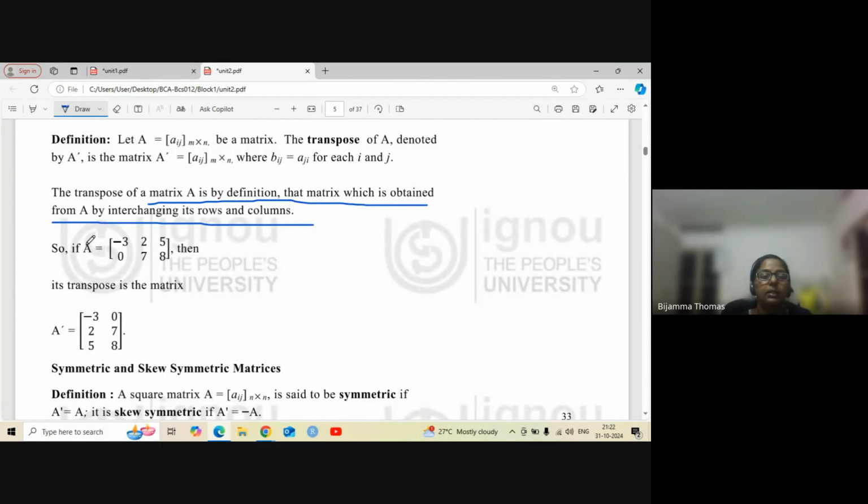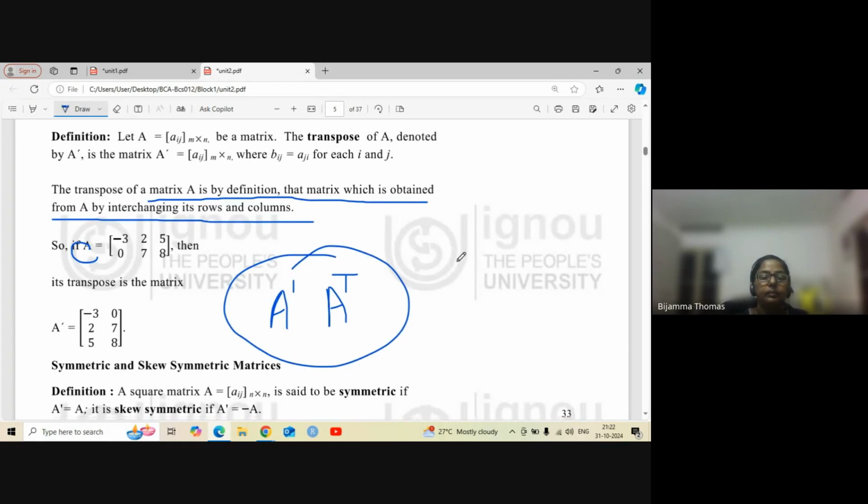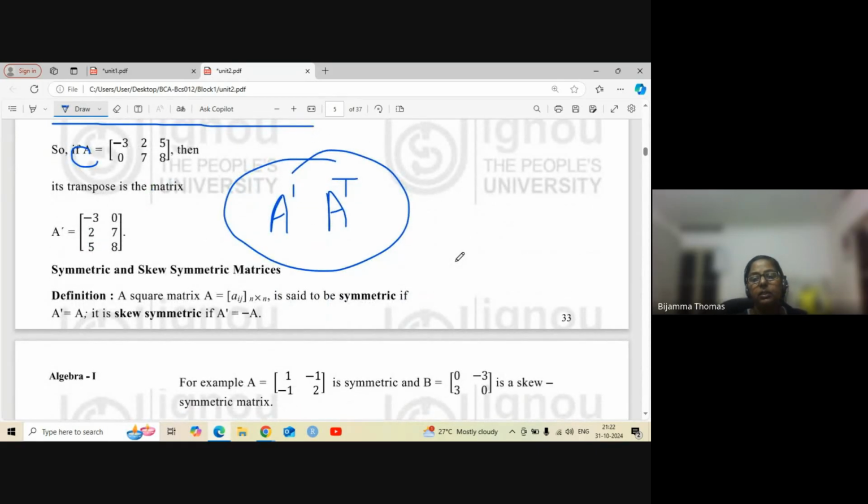We write it as A transpose, A prime, or A power T. Usually we use these notations for the transpose of a matrix. Is it clear?